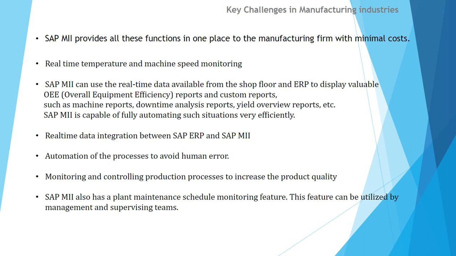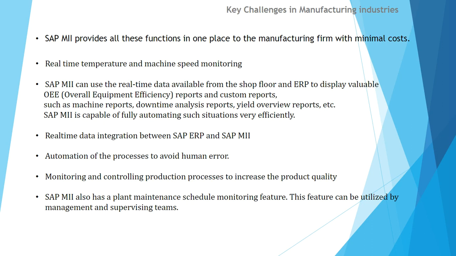Real-time data integration between SAP ERP and SAP MII: standard interfaces are available, only the configuration is needed, and once that configuration is done, you can connect the SAP ERP and SAP MII systems.